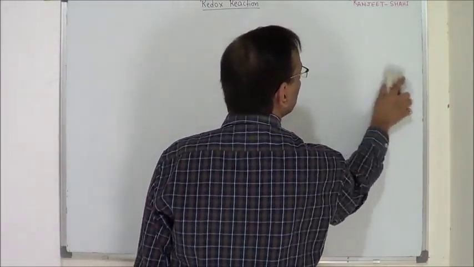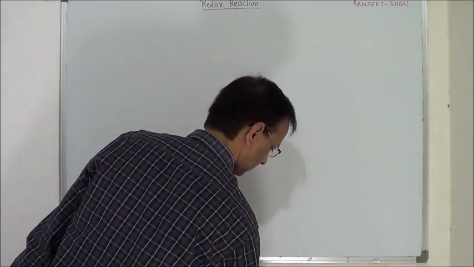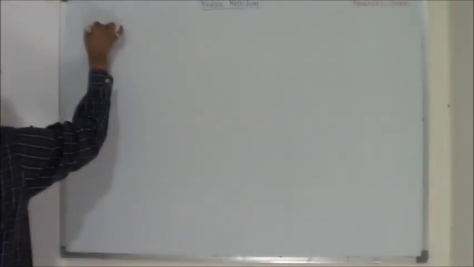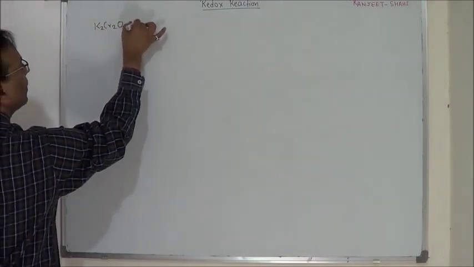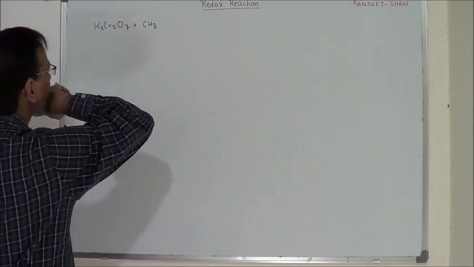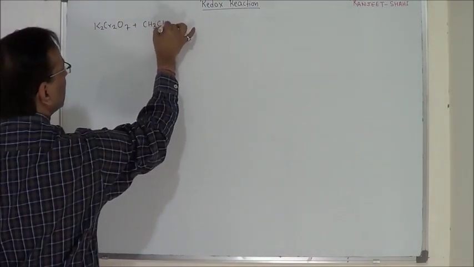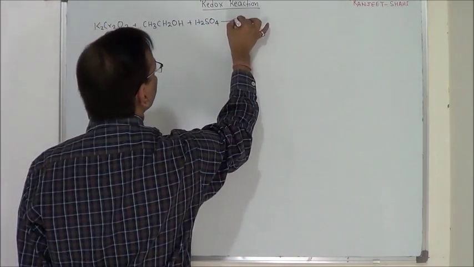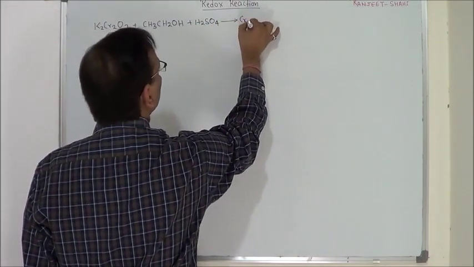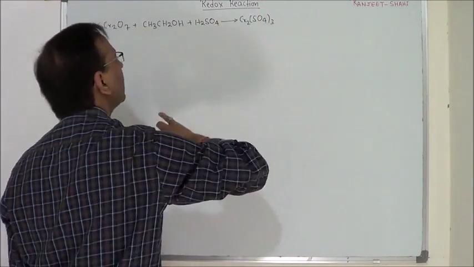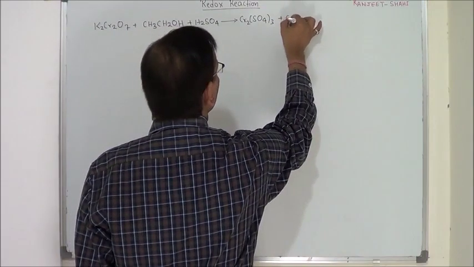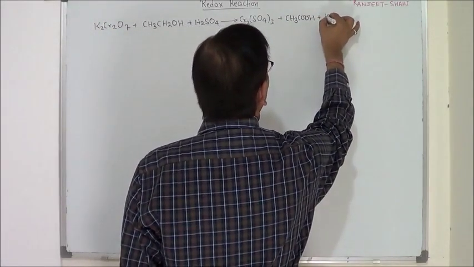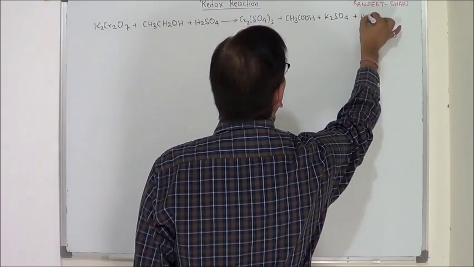So now let us take a redox reaction like K2Cr2O7 plus CH3CH2OH in H2SO4 giving Cr2(SO4)3 plus CH3COOH plus K2SO4 plus H2O.